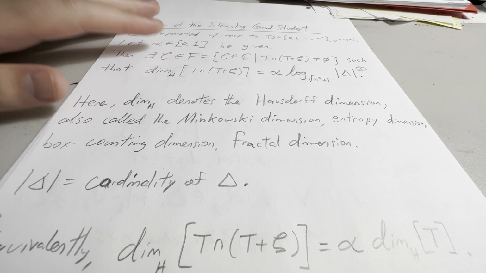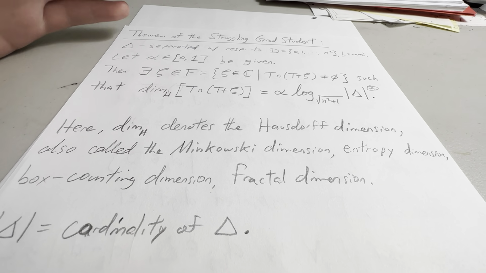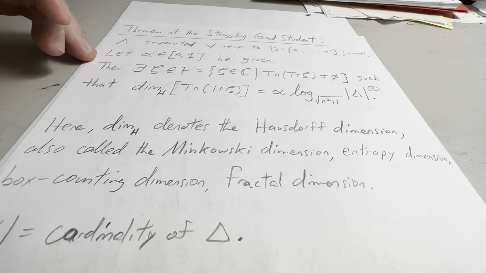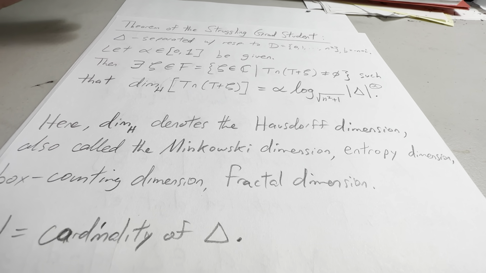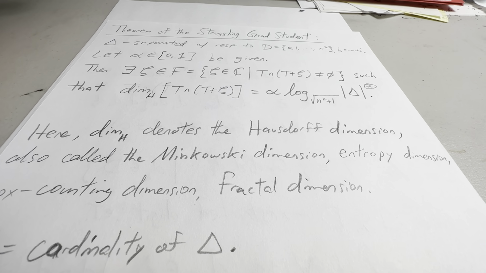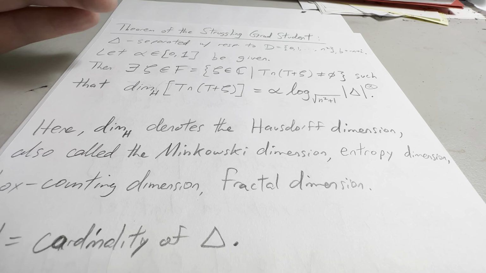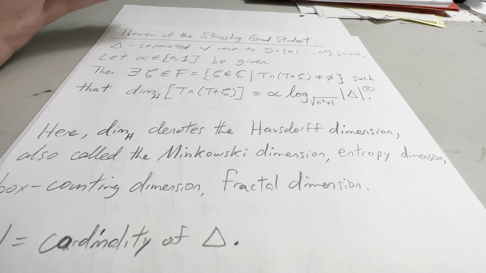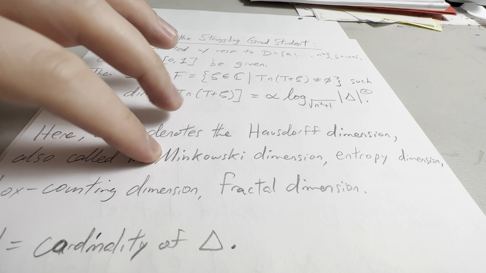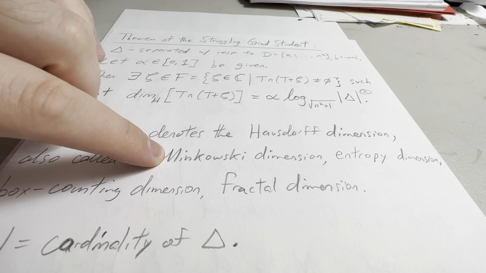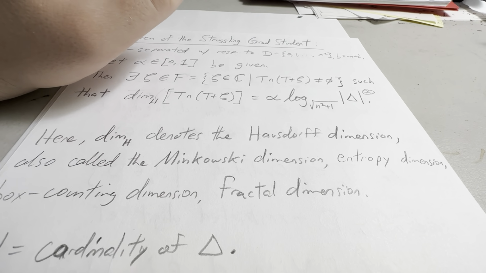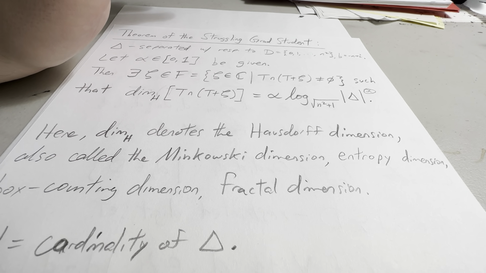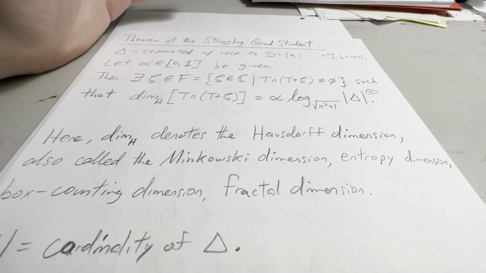Now, in many contexts, the Hausdorff dimension, which I denote dim sub H, can be equivalent to other measures of dimension. You have to be careful under what context. But here, we could have also said the Minkowski dimension, if you're familiar with that. We could also say the entropy dimension, which is, I think, more in the physical sciences, not necessarily the pure math side of it.